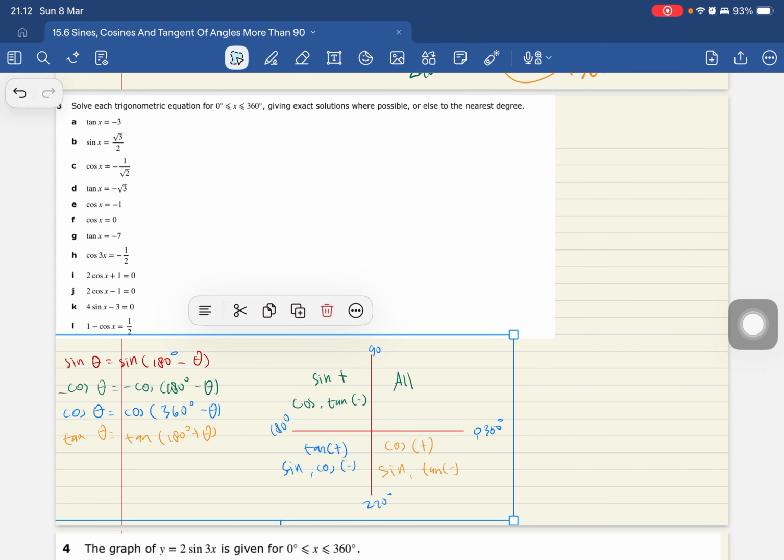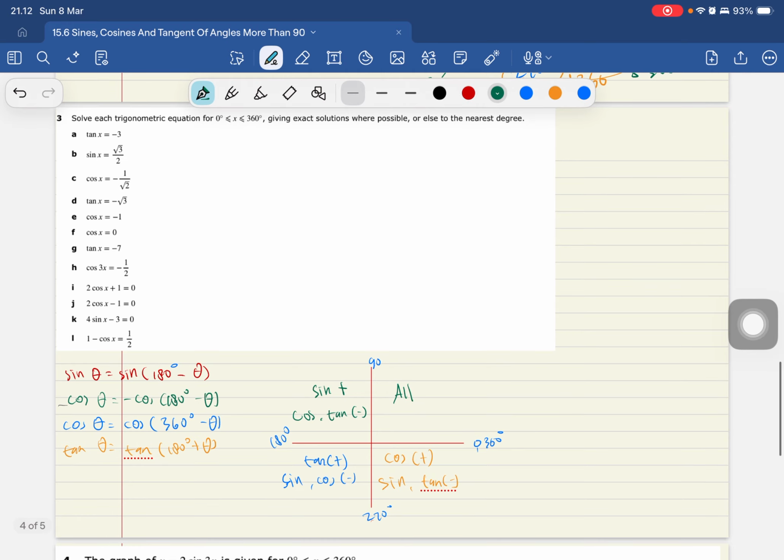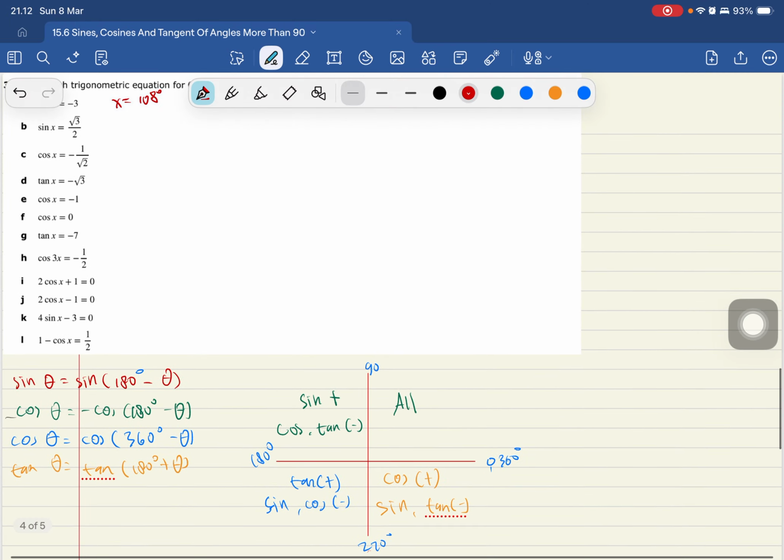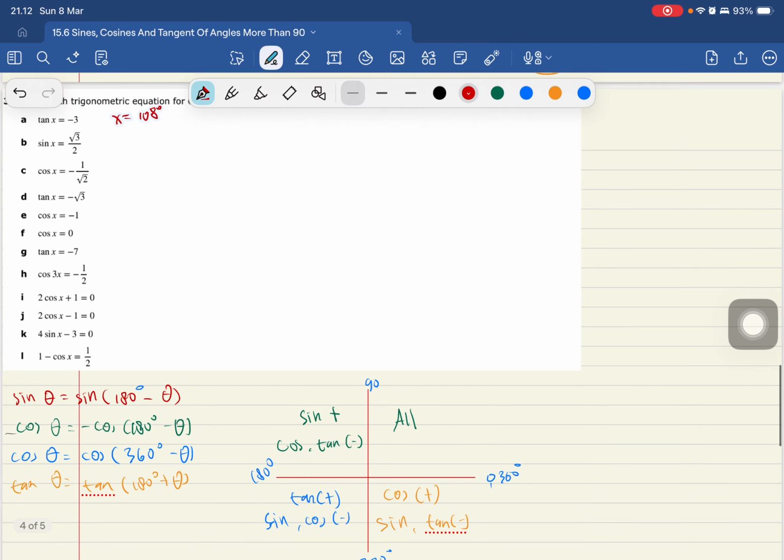We can see it. So tan x equals -3. Please use a calculator. The first x is going to be 108 degrees, which is going to be negative. So which is here.